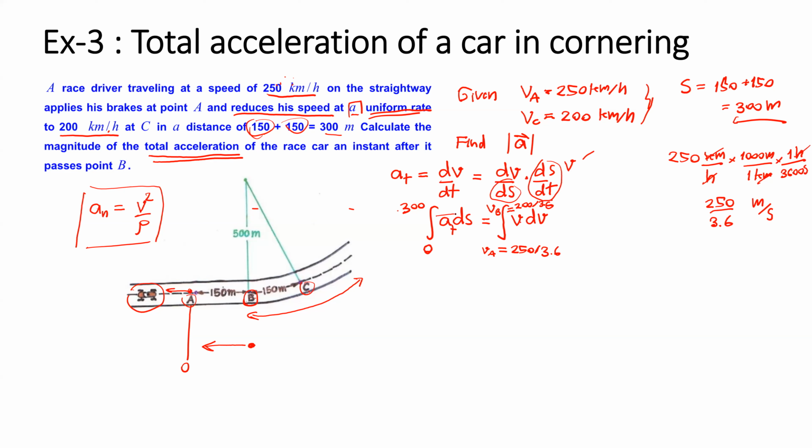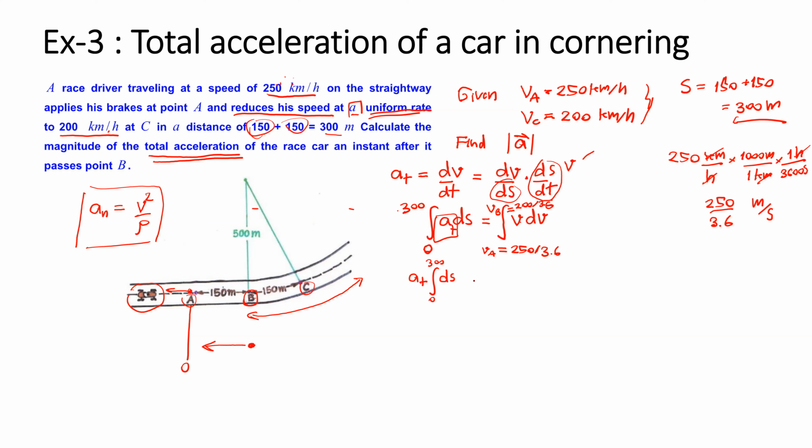So in this case, the AT is a constant, but we still don't know the value of the constant. But we can bring it out from the integration. So we can write down AT and the integration of ds from 0 to 300 of the distance.